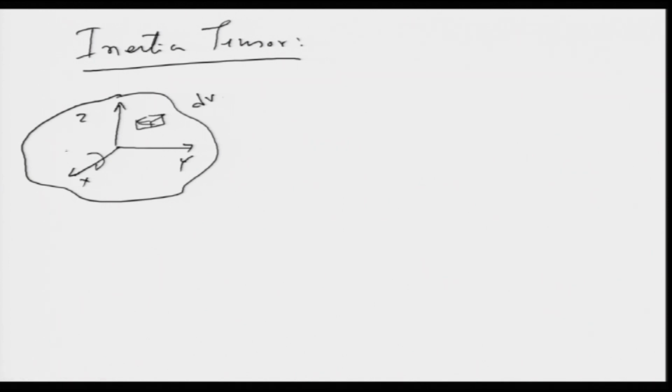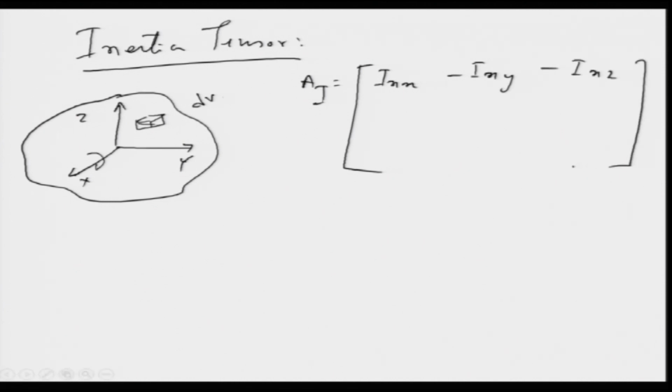Now, I can rotate about any axis, as we said. So, if there is a cross axis, then we also need to find out what energy is required. Essentially I can define the inertia tensor as I xx, minus I xy, minus I xz; then minus I xy, I yy, and minus I yz; then minus I xz, minus I yz, and I zz.